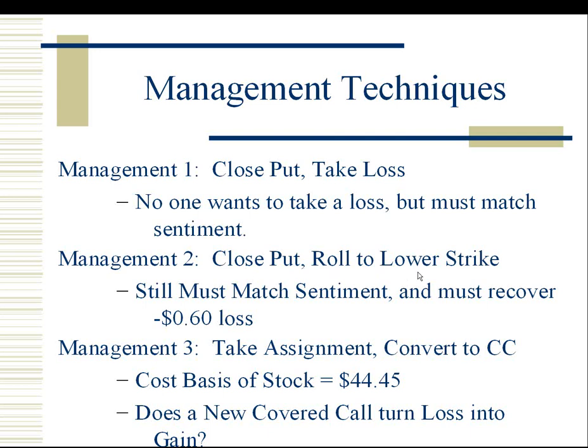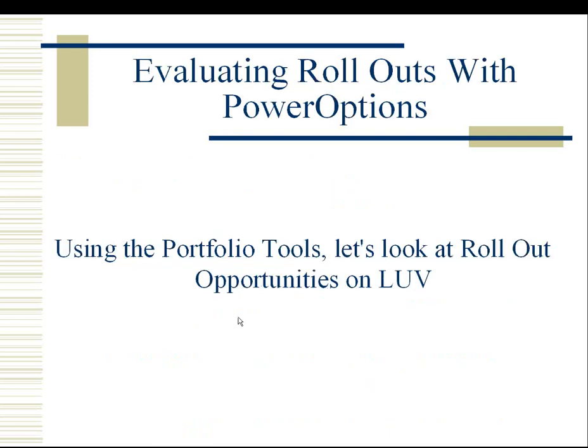Management number 2, we showed lowering to a lower strike price, to make back the loss that you've taken and still look at a positive upside, but it has to match your sentiment for the stock and the probability that you want. And management number 3, we could take assignment, and then we can convert it to a covered call or potentially a collar if we make up the gain that we want. And again, we still have that good probability that we'd get assigned and earn the return.